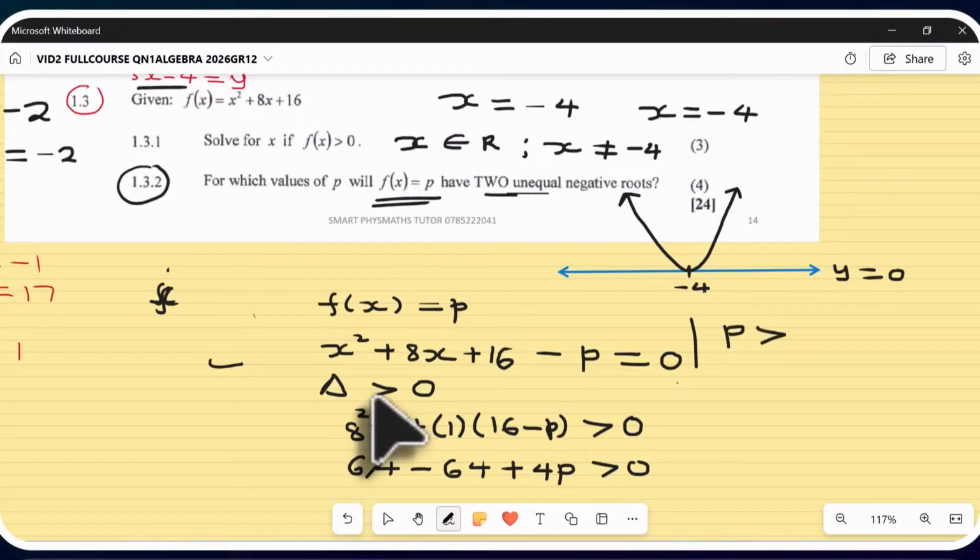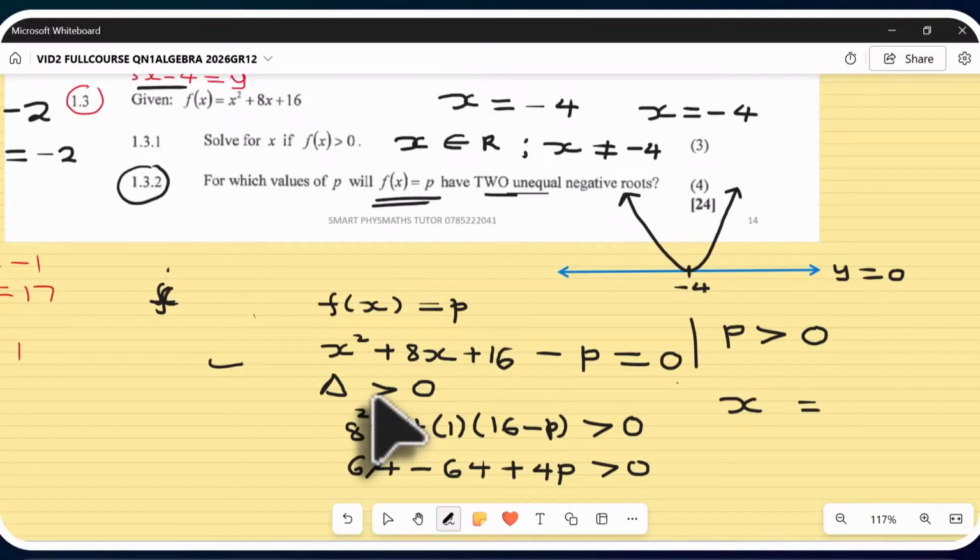If I square both sides, I'm going to get 64 on this side, meaning that my 4p should be less than 64.